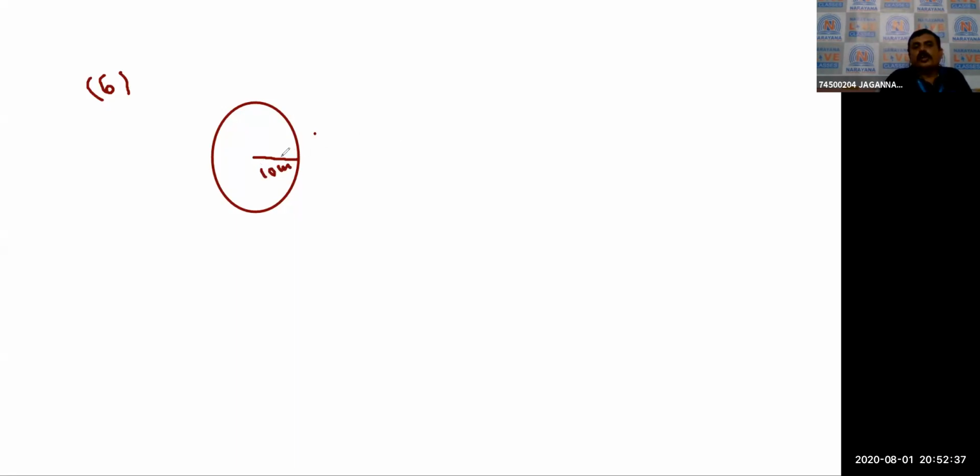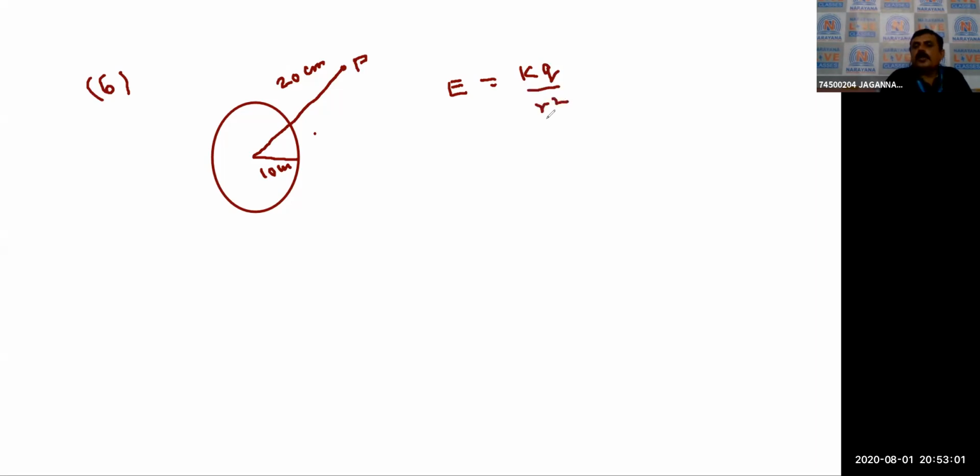So the electric field at 20 centimeter. This is one point here, let me call it point P. This distance is given as 20 centimeter. At this point, what is the electric field? E equal to KQ by R square.